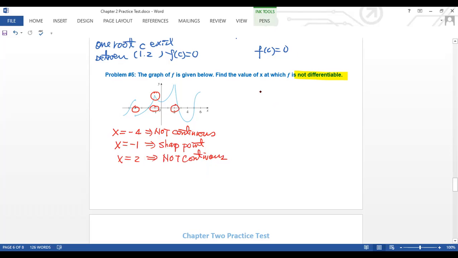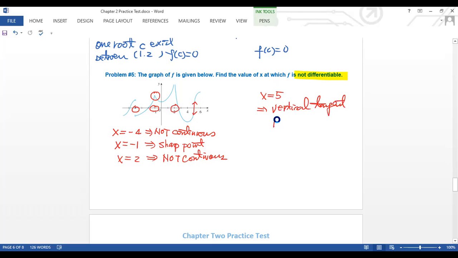Then the next one says x equal to 5 is here. The reason why, because at x equal to 5, if you find a tangent line, this is the vertical tangent line.